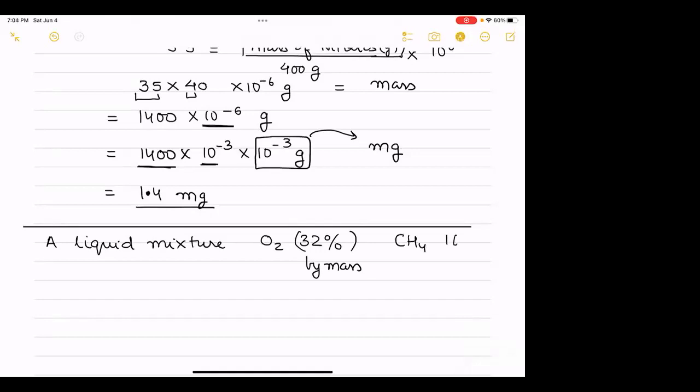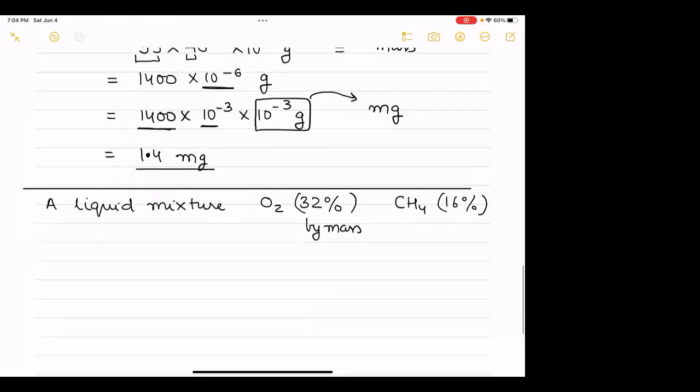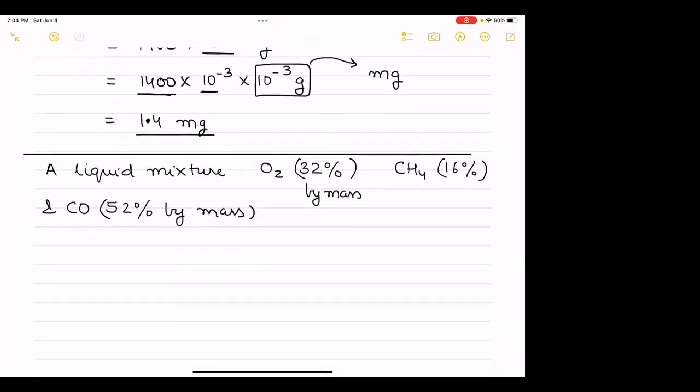It is 16% by mass. Okay, and carbon monoxide, which is equal to 52% by mass. The mass percentages of these three gases which are in the liquid form is given. So what is asked is you need to find out the mole fraction of methane.